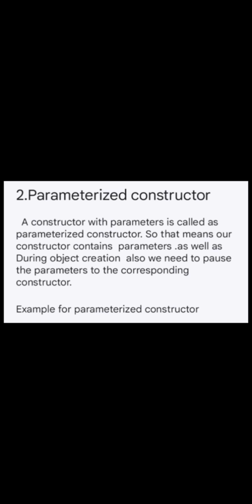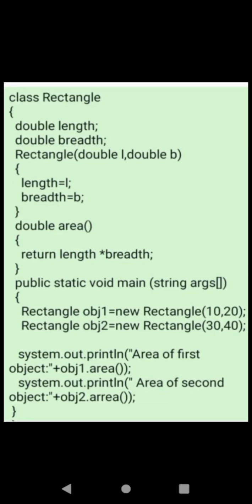Here the body of the constructor is length = L, breadth = B. Next, during object creation, object 1 = new Rectangle(10, 20), that is length equal to 10 and breadth equal to 20. Now object 2, new Rectangle(30, 40), length equal to 30 and breadth equal to 40.